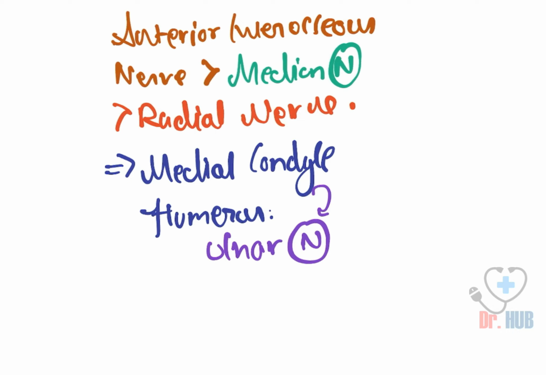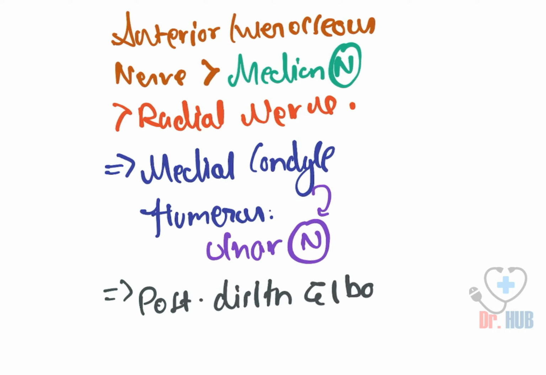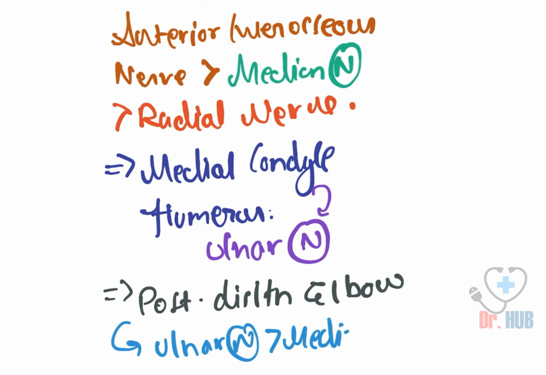Next, we look at the posterior dislocation of the elbow. What is the nerve involved here? The nerve involved in the posterior dislocation is the ulnar nerve greater than the median nerve.